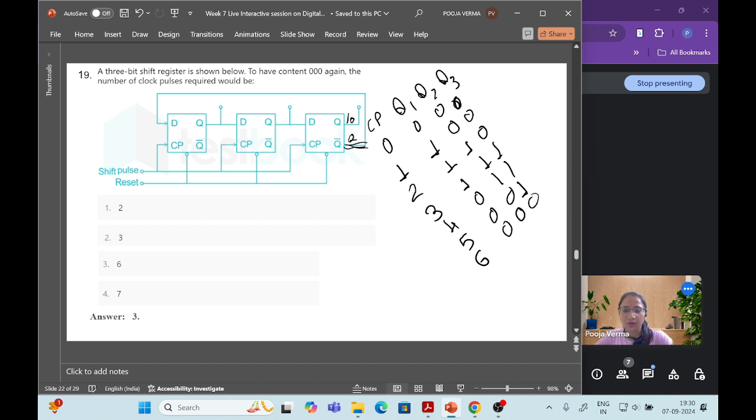If we apply further, it will again act like this. So in the 3-bit shift register, to have content 000 again, 6 clock pulses are required. Okay, so I hope all of you are getting.